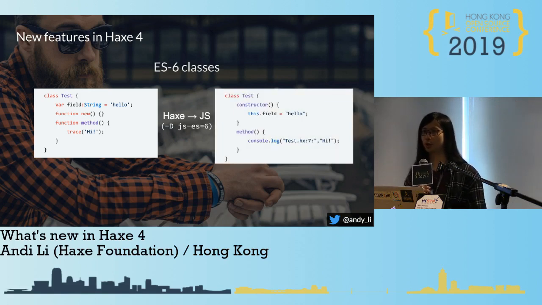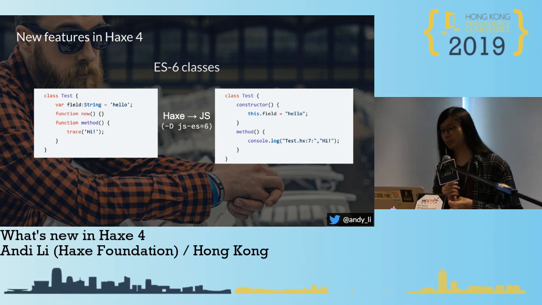So if you are only targeting browsers that support ESX class, you can opt in to use the prettier output. There are some minor differences between ESX class and the prototype approach, and some features are only available in ESX class, so you can use those features too.